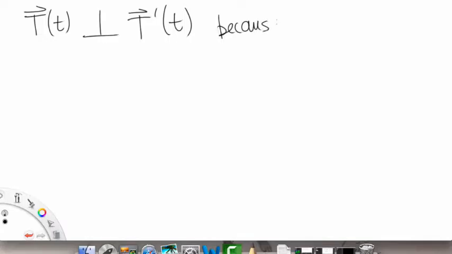Okay, so now I'm going to move on to a couple of other concepts that are good to know. They might seem a little bit random, but they are related to what we're doing. The first one is that T, the unit tangent vector, is going to be perpendicular or orthogonal to the derivative of the unit tangent vector, because T dotted with T prime is equal to 0.